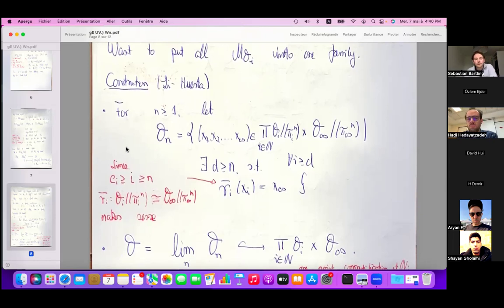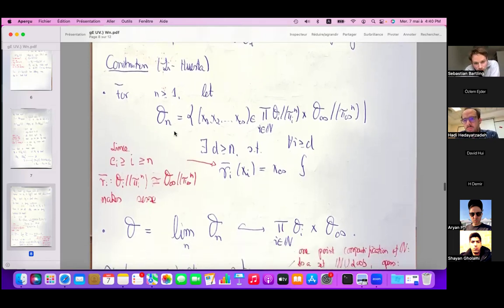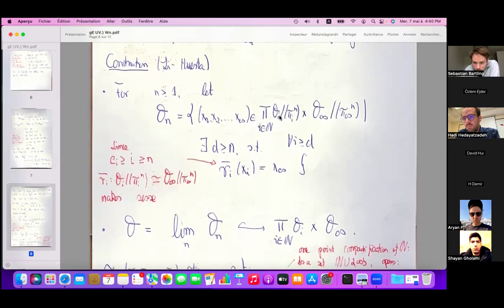For n greater or equal than 1, I define O_n. These are sequences x_1, x_2, until x_infinity in O_i mod pi_i to the n, which are in a certain sense eventually constant.